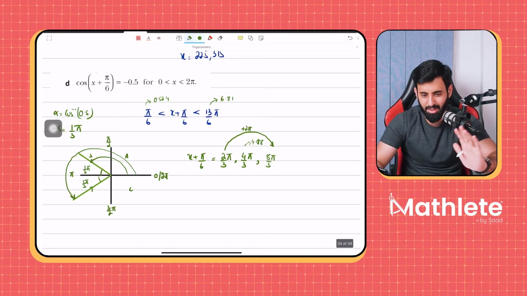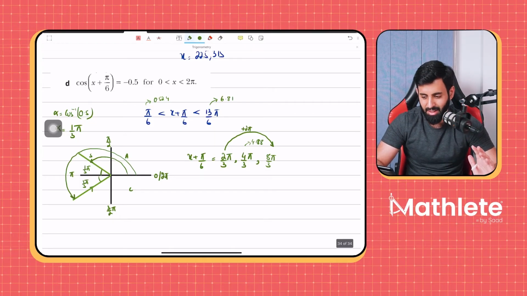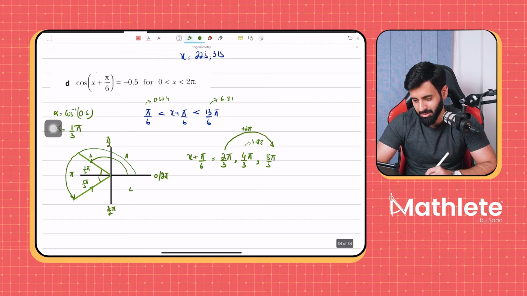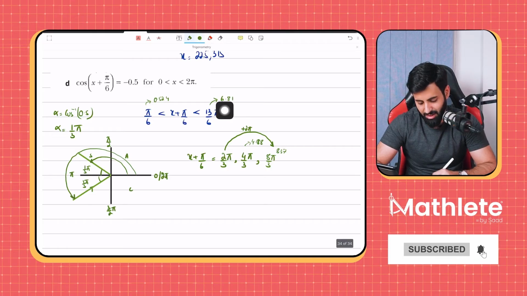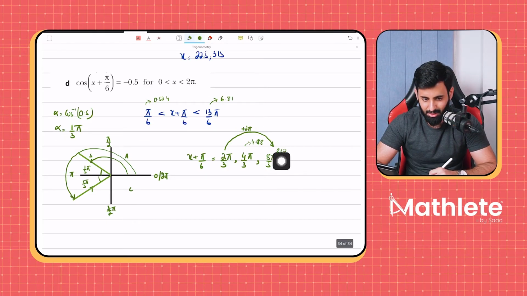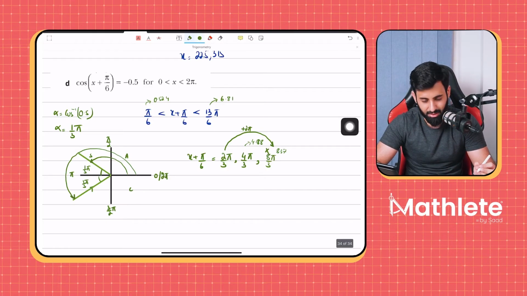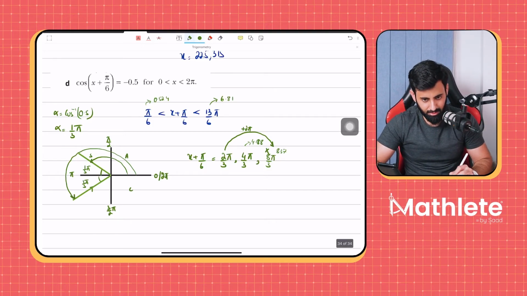Otherwise, it's okay. No need to be sad about it. 8 upon 3 pi, if you look at the decimal value, is 8.37. Now I can clearly see that 8.37 is greater than 6.81, so that means this is outside the range.